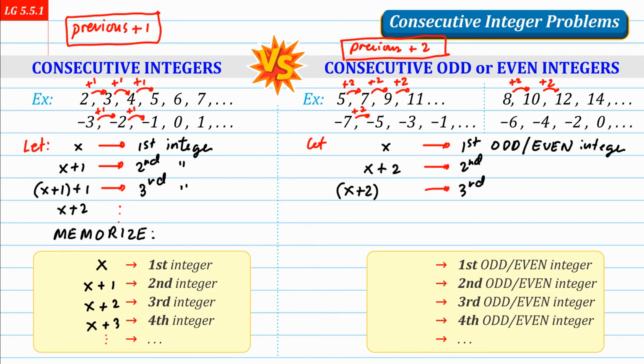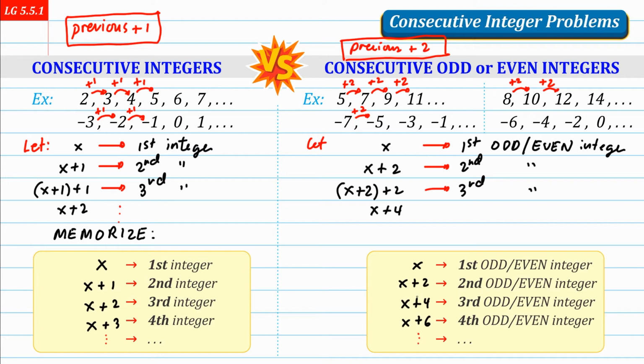That's a previous, plus 2, or in effect, x plus 4. Okay? So, isulat ko dito, kung ito yung first odd or even, it's x. Yung second odd or even, it's x plus 2. Yung third odd or even is x plus 4. You get the pattern. This should be x plus 4 plus 2, x plus 6, and so on.